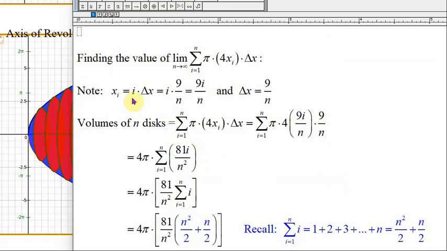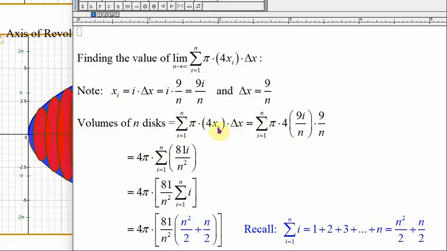A few moments ago, we saw that x sub i is just 9i over n, and delta x, or the thickness of each disk, is 9 over n. The volumes of n disks will be pi times 4 times x sub i times delta x.